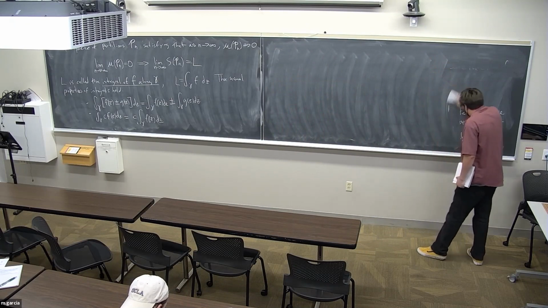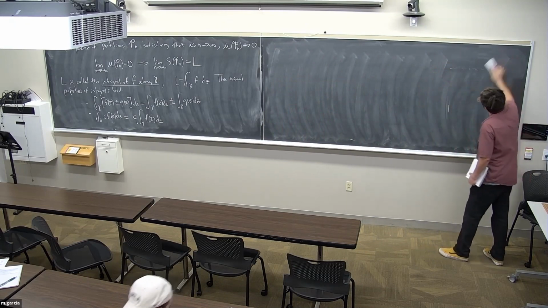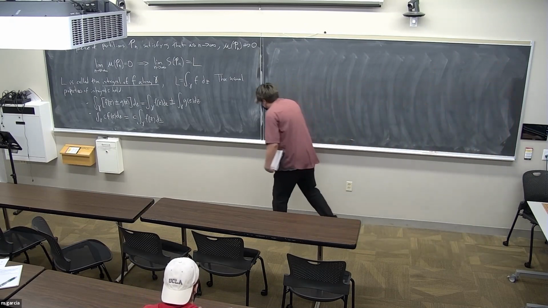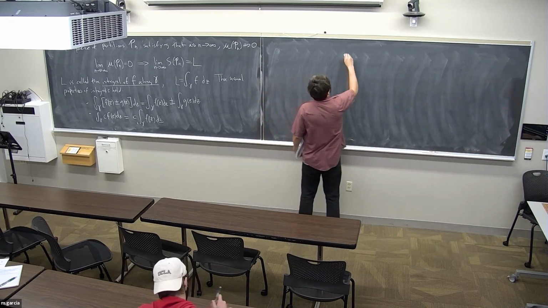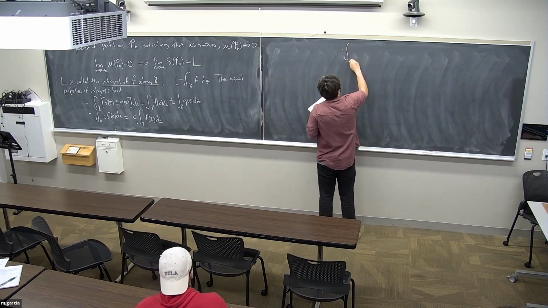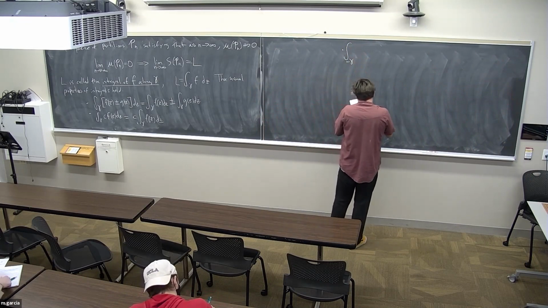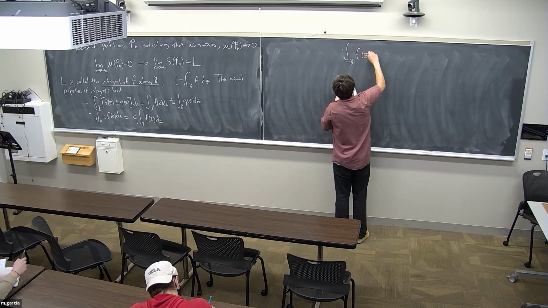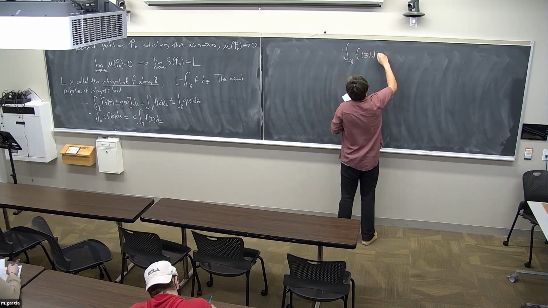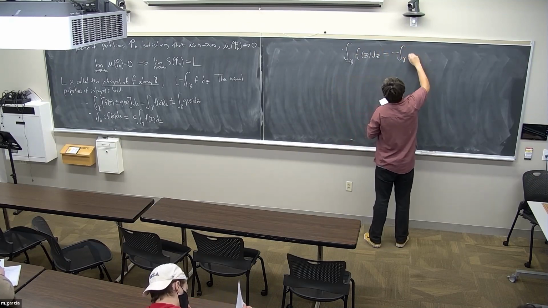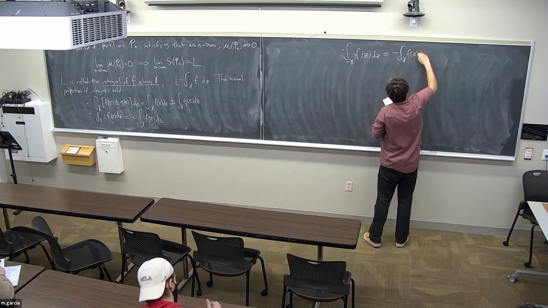Well, here's the first step in making that arithmetic nice. We also have the property of integrals that if I integrate along the opposite of the smooth directed curve gamma the function f of z dz, I get the negative of the integral along gamma of f of z dz.